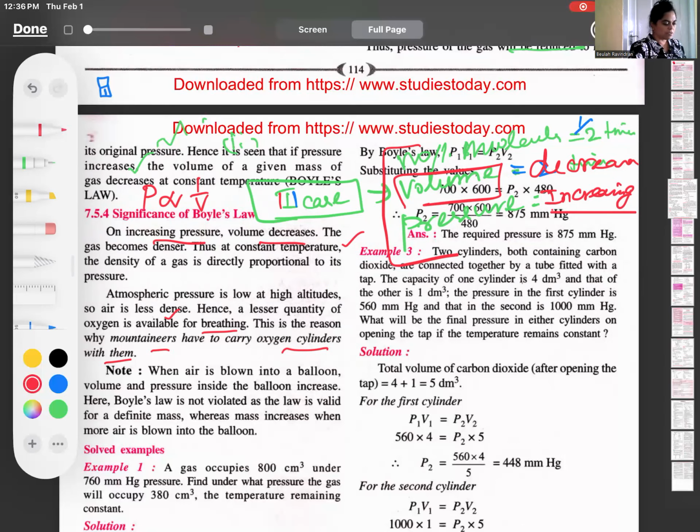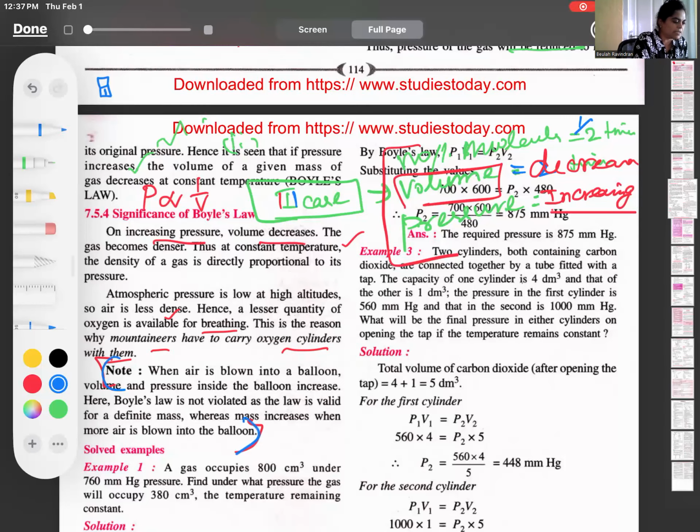That means the mass in the balloon is increasing when it is blown. But we are not talking about that case. The number of molecules is kept constant. We are not increasing the number of molecules, so the balloon is not violating the law. This point also will be asked. This is very important, so note it down.